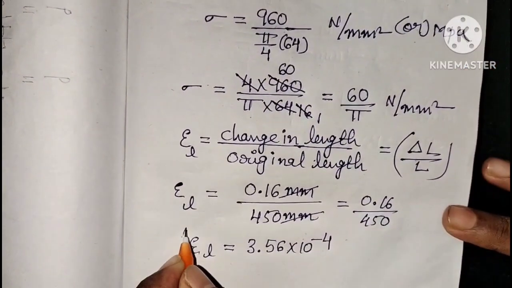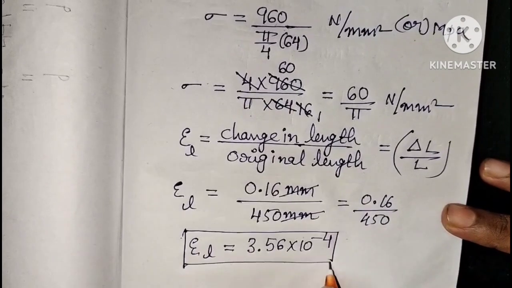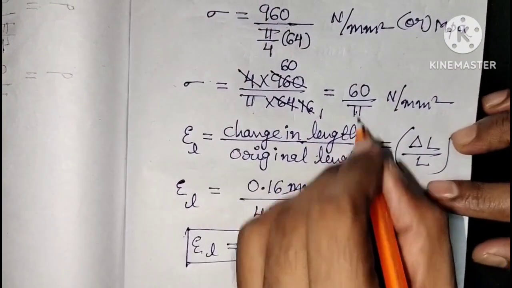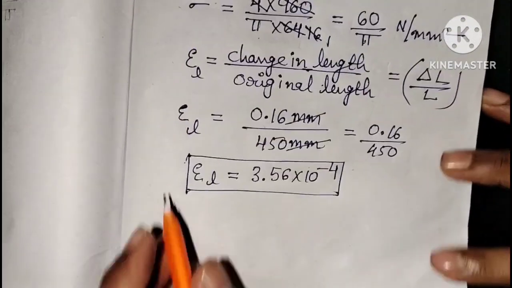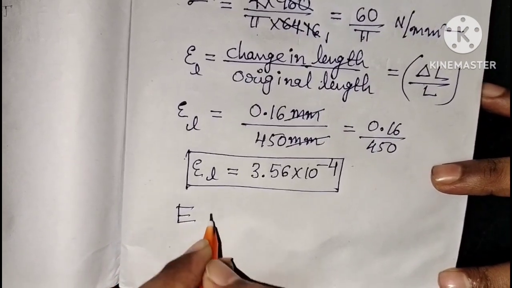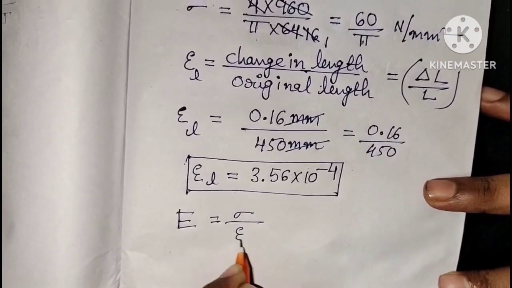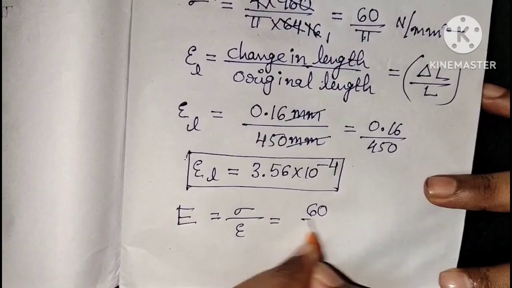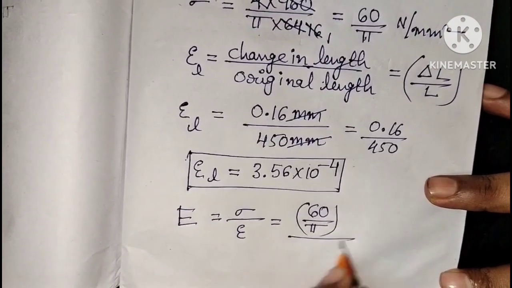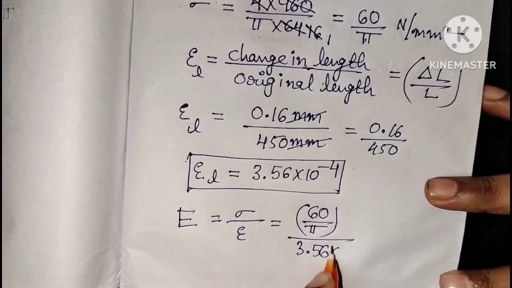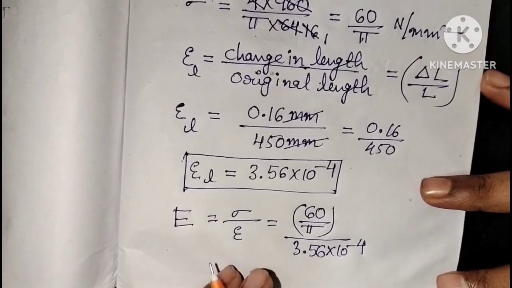Now using the stress and strain values, we know that Young's modulus is equal to stress by strain. Substituting the values, stress is 60 by pi and strain is 3.56 into 10 to the power of minus 4.